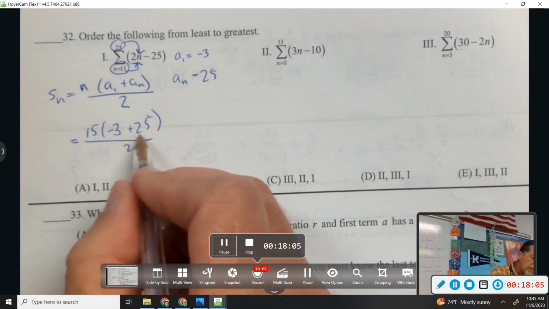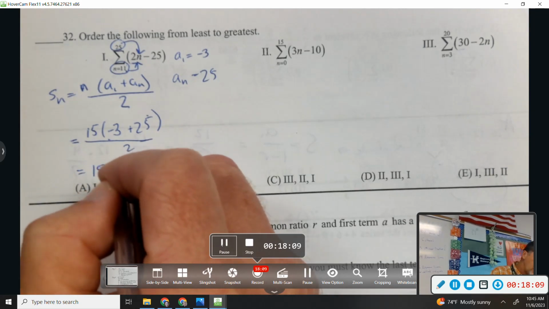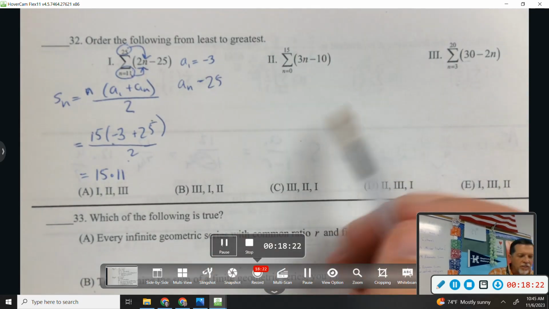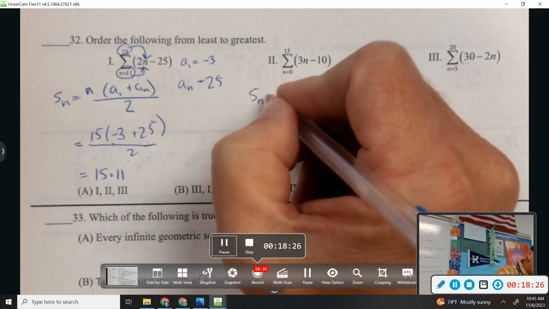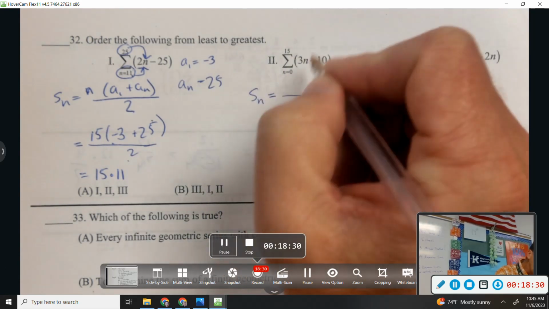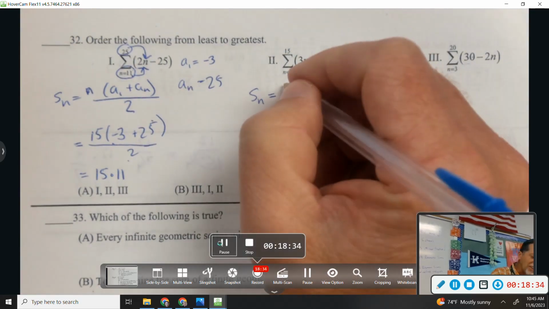So let's see, 22 divided by 2 is 11. So that's 15 times 11. Like, I could answer that now, or I could just leave it there and see if I need to answer it. Maybe it's so obvious which one's least and greatest. 0 to 15. How many terms are there from 0 to 15? Everyone's nervous now. Like, 16.